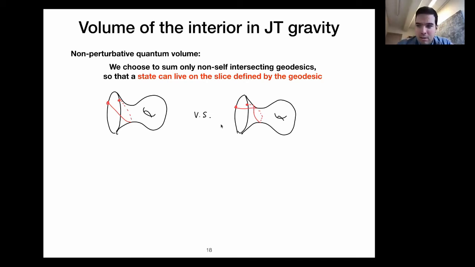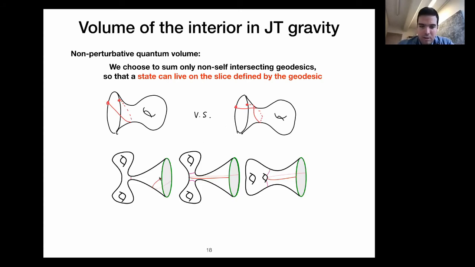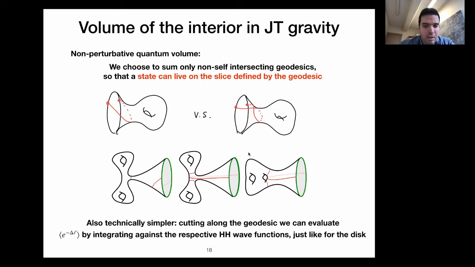So why are we not doing that? Here's another figure, in the case of genus 2, with a couple of geodesics in red which do not self-intersect. First, physically, we want to think about this volume as something that's defined on a Lorentzian Cauchy slice.